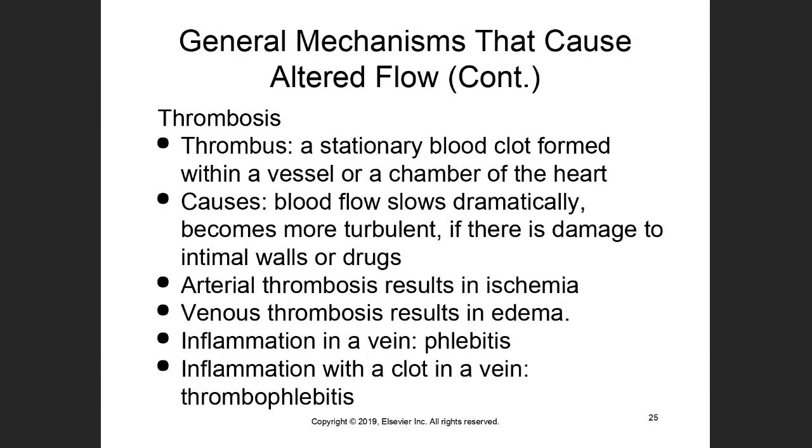Arterial thrombosis results in ischemia. Venous thrombosis results in edema. Ischemia means lack of oxygen. Edema means retention of fluid. Inflammation in the vein is called phlebitis. Inflammation with a clot in a vein is thrombophlebitis.